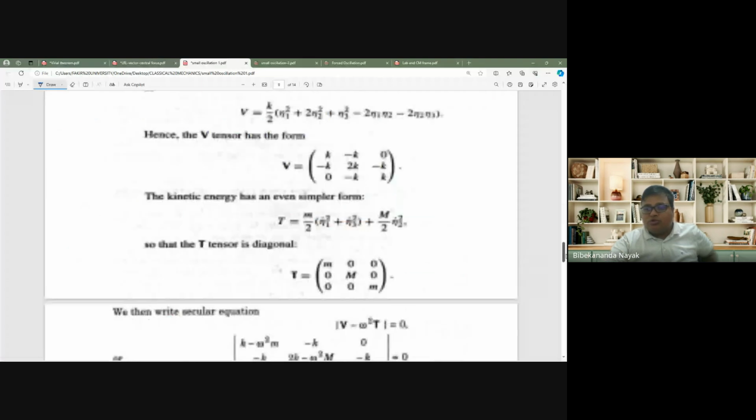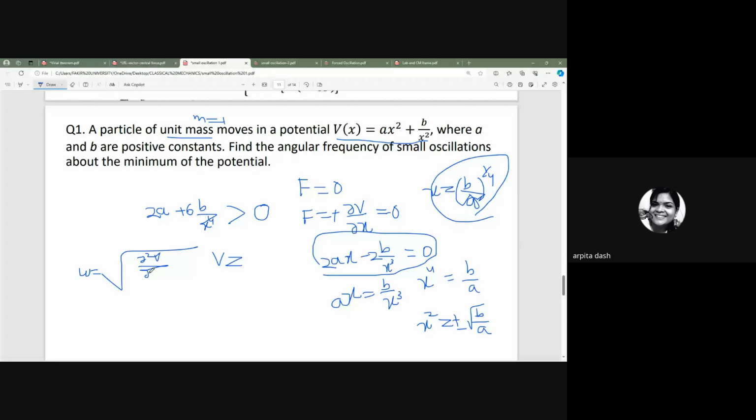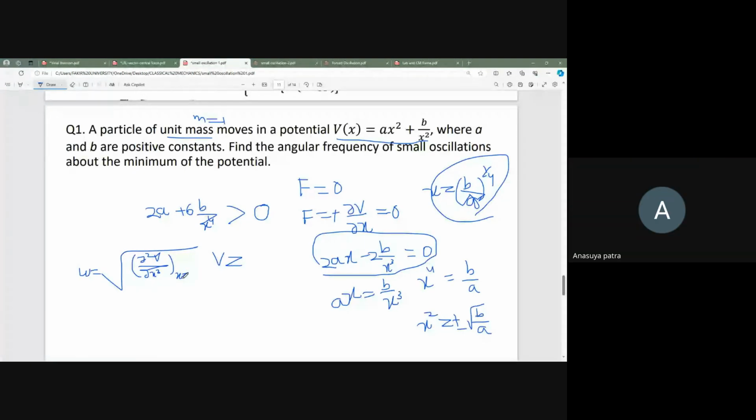Like here, in these two problems, the actual question is to find the angular frequency of small oscillation about the minimum of the potential. A particle of unit mass means m is equal to 1. So according to your formula, omega is equal to the square root of del squared V by del x squared at x equal to x0, which means a stable equilibrium point.